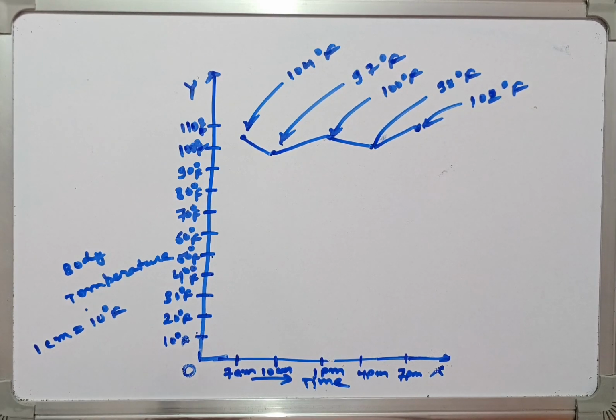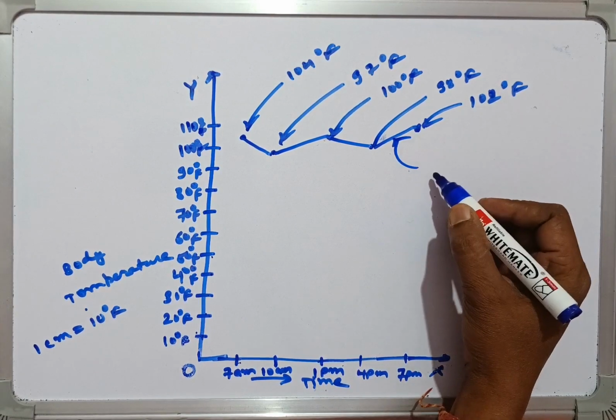By viewing this graph, what could you say? After an interval of 3 hours his temperature is going down and up. In this way a line graph can be used.